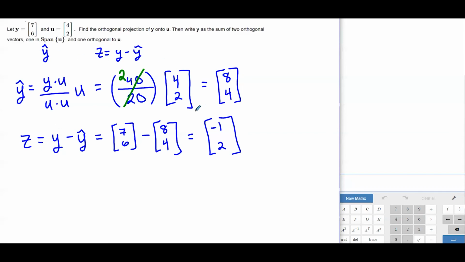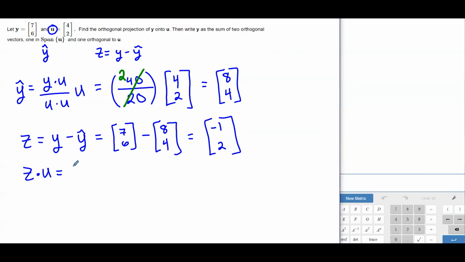So how do we know that z is correct? You could have messed up y hat. So you check by making sure that z is orthogonal to u. Take your original u vector and find the dot product of z and u. If it's orthogonal and it adds up to give us that projection, then we know that this is correct.